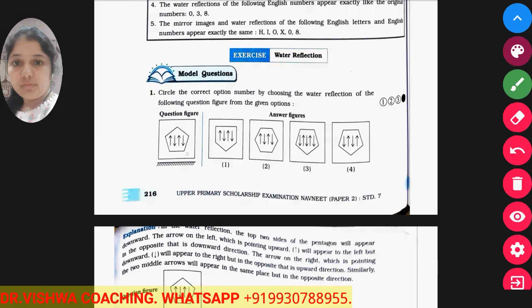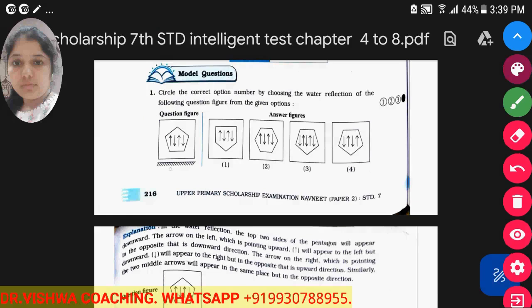In the water reflection, the side of the objects, numbers or figures never changes. Just the upward and downward position of the figure or image changes. In mirror images, the right and left sides of the images change.